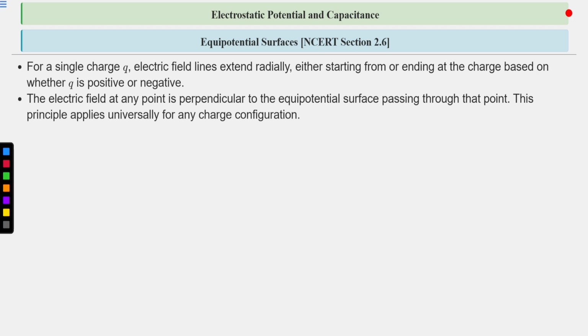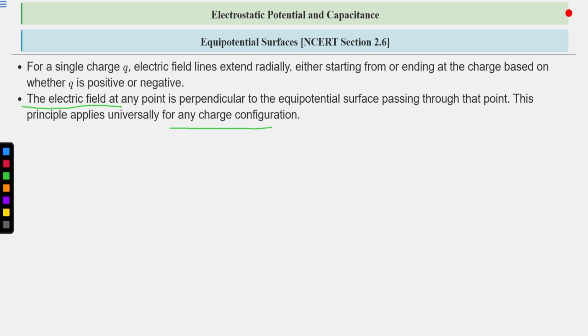The electric field at any point is perpendicular to the equipotential surface through that point. This principle applies universally for any charge configuration. This is a very important point: the direction of the electric field is always perpendicular to the equipotential surface for any charge configuration.